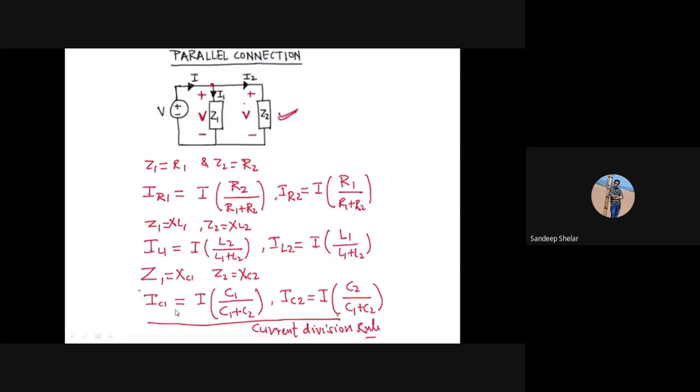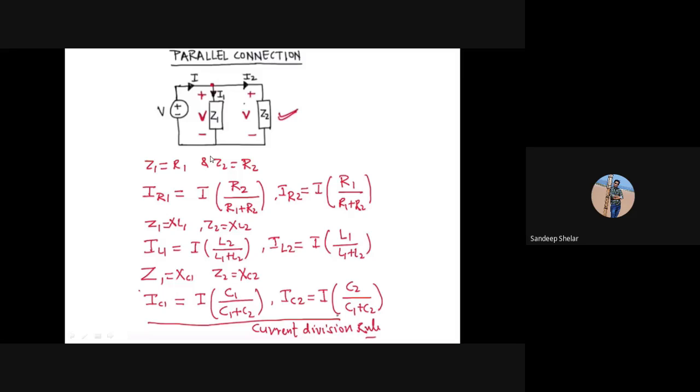Also IC2 is equal to I into bracket C2 upon C1 plus C2. This is the current division rule used for resistance, inductance and capacitors.